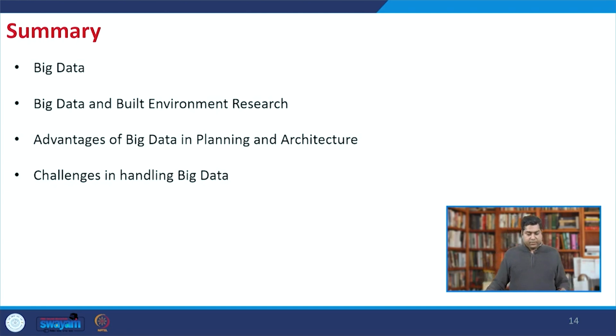We have discussed several advantages of big data, where it can be used very effectively, which can reduce the time and also the cost of getting all that information.